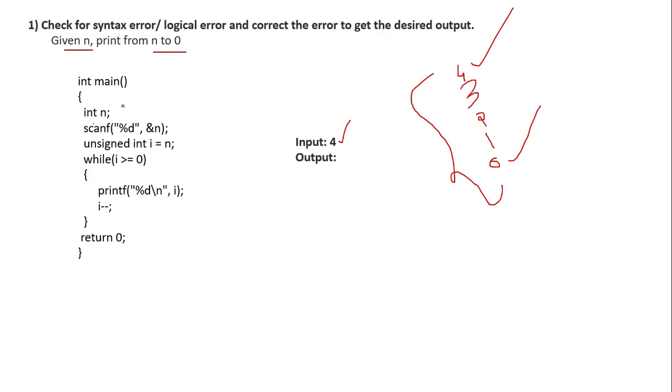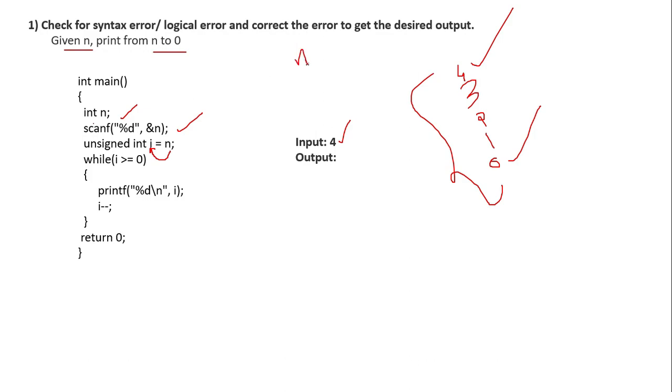Okay, now let's check the program. Int main, we can write int main. Here int n, the declaration is correct, and scanf, this is also correct. Here we copied this n value into this I value.